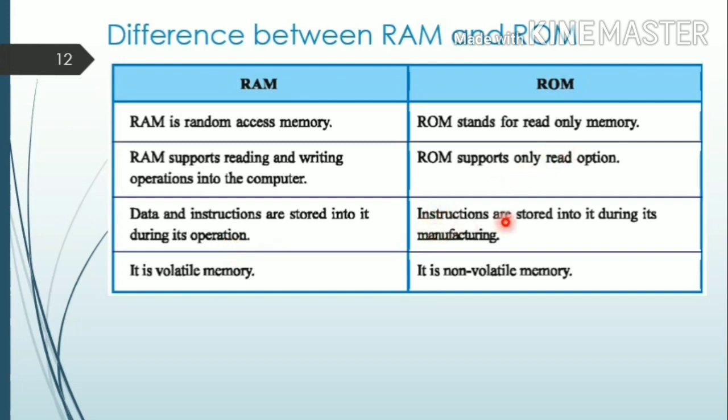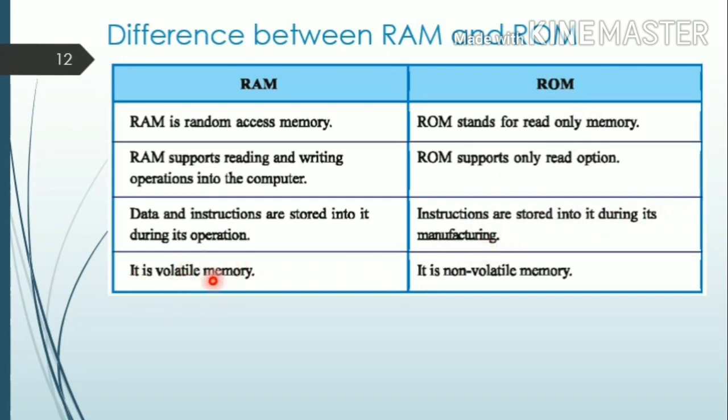Okay, but in the ROM, data and instructions are stored during manufacturing, in the sense that the companies that prepare mobile phones and PCs use this ROM to store data in the computer. RAM is a volatile memory.